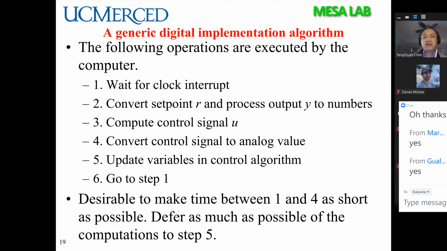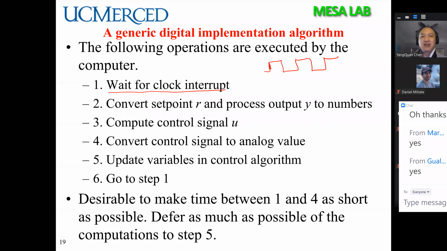So this is called interrupt service. When you have a clock, this is a clock pulse. The clock triggers an interrupt, so the whole processor goes to something called the ISR, the interrupt service routine.